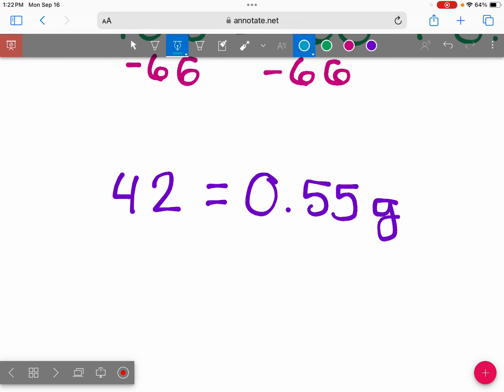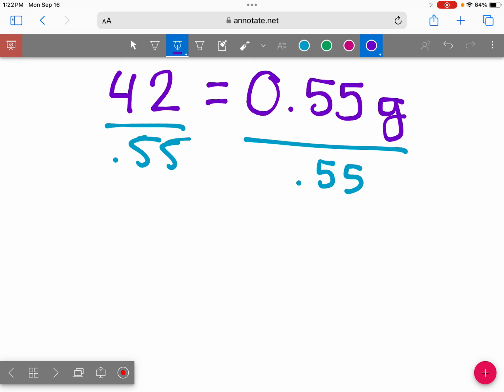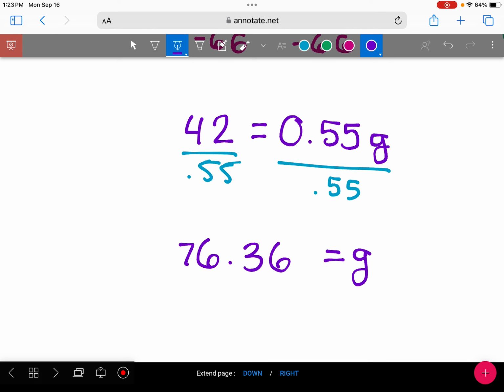Divide by 0.55. What do we get? 76.4, whatever.